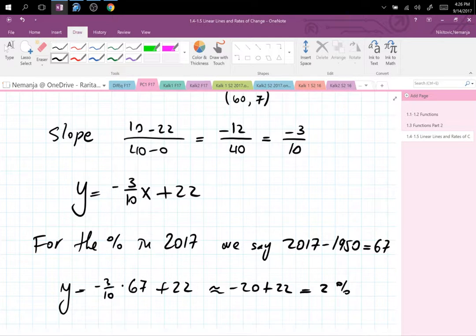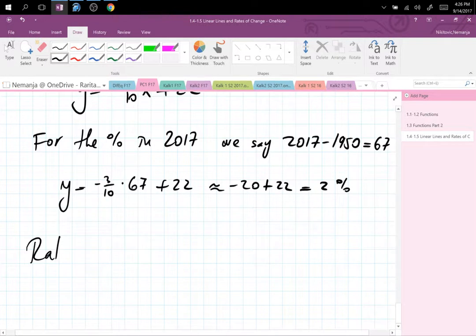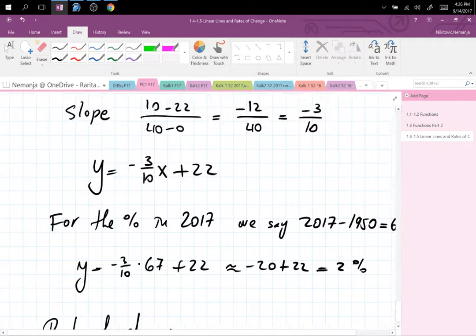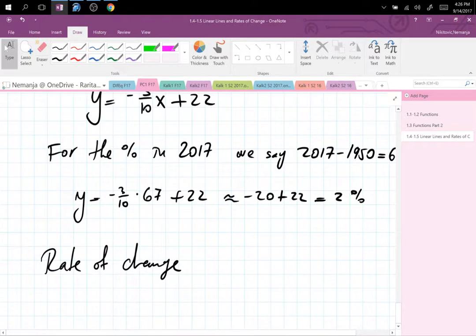We can also calculate the rate of change. So let's calculate the rate of change. For the same problem, using the same numbers, rate of change would be 10 minus 22, which is, well, negative 3 over 10.